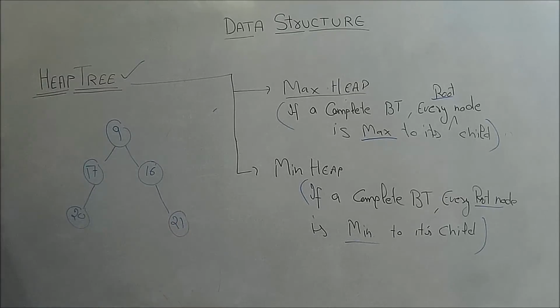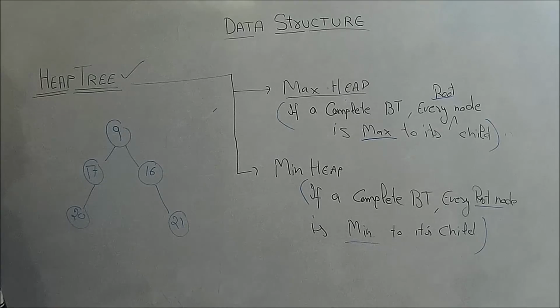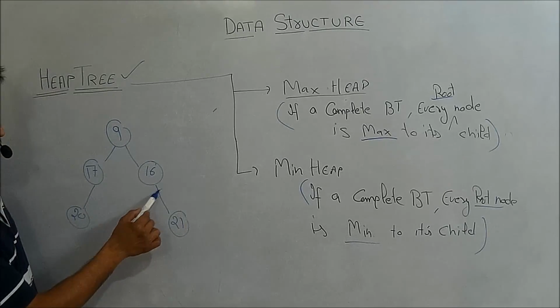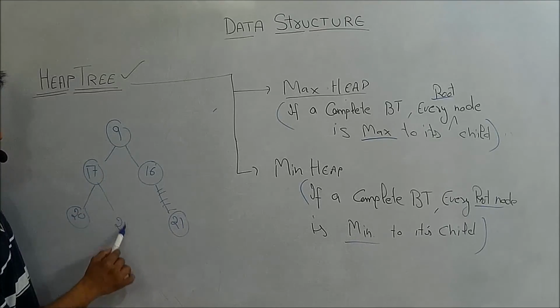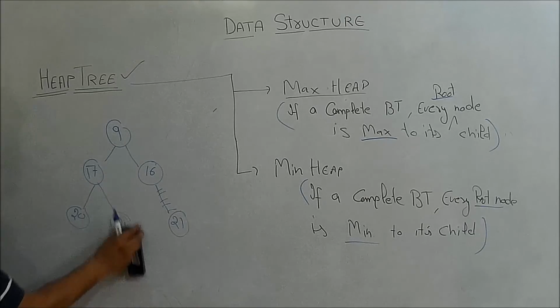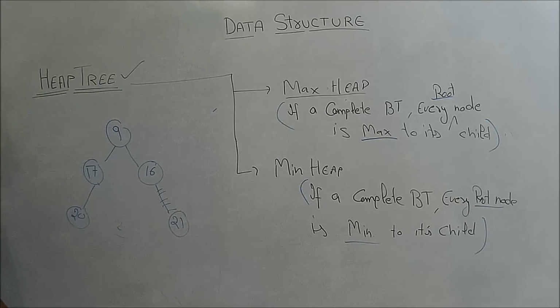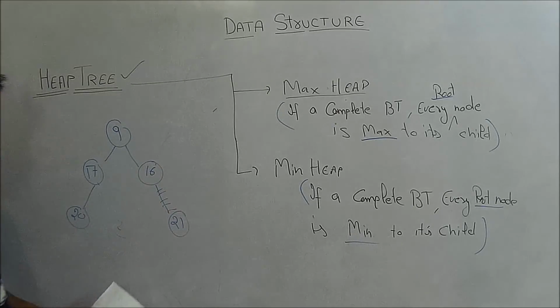So is the given tree max heap or min heap? So first we will check whether the tree is a complete binary tree or not. The tree is not a complete binary tree because this node should be at this position. So the given tree is not a complete binary tree. So we will not check for the max heap or min heap. The question does not exist.